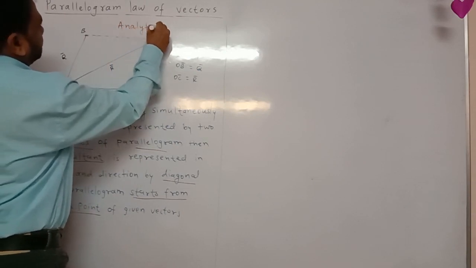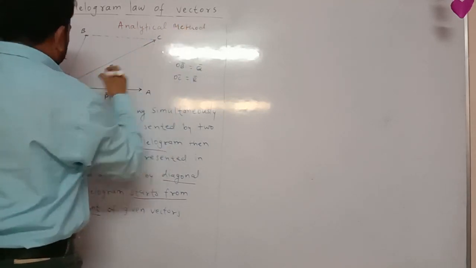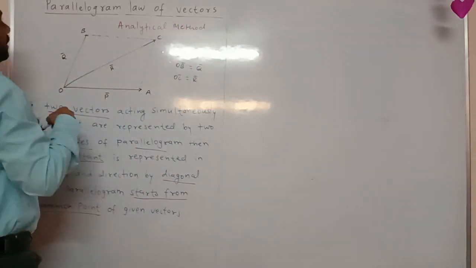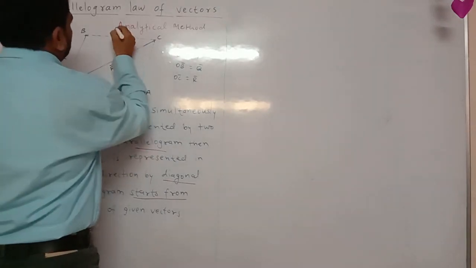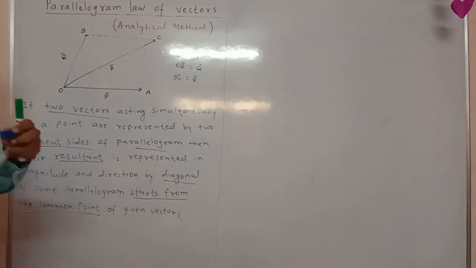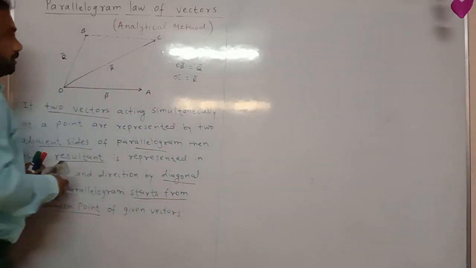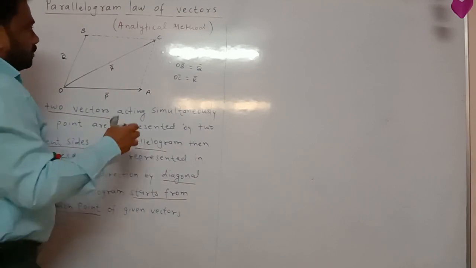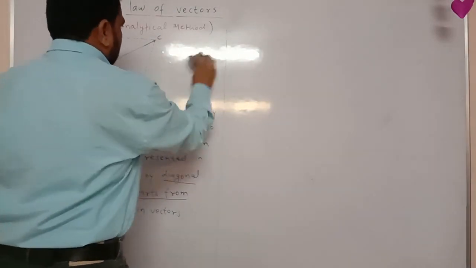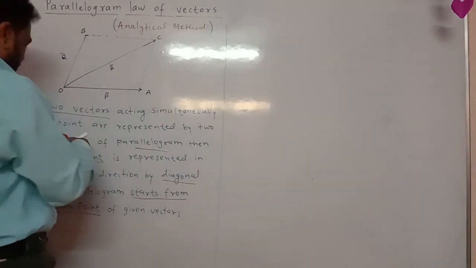With the help of this method we can calculate the resultant of this parallelogram. This method is very important, and a number of questions are asked on this article to calculate the resultant of given vectors.